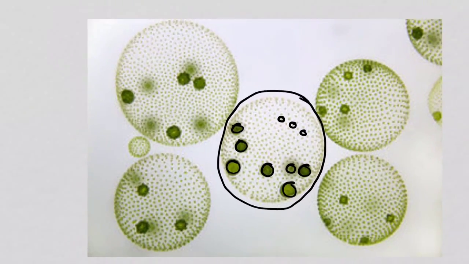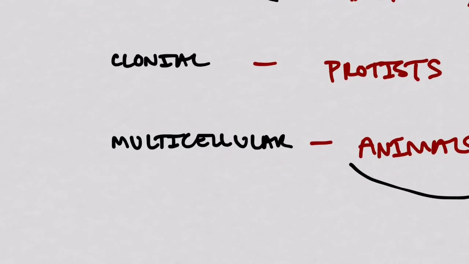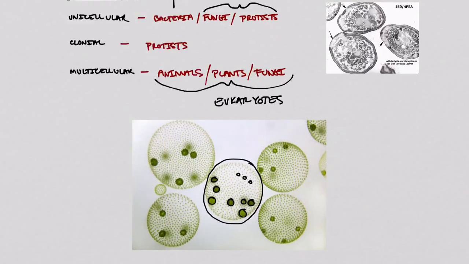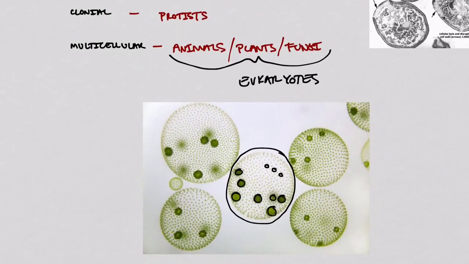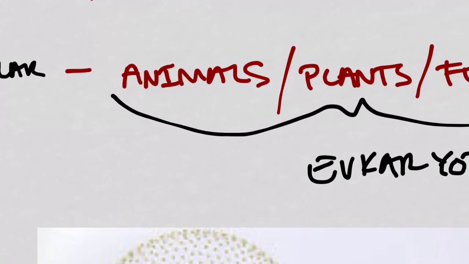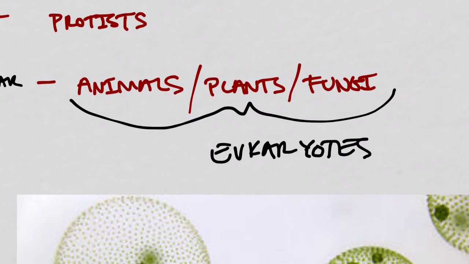So you might be wondering, what makes a colonial organism different from a multicellular organism? The answer is that each of these cells that make up the Volvox are identical in structure to every other cell that makes up the Volvox, as opposed to an animal or a plant or a multicellular fungus, which have many, many different structures.